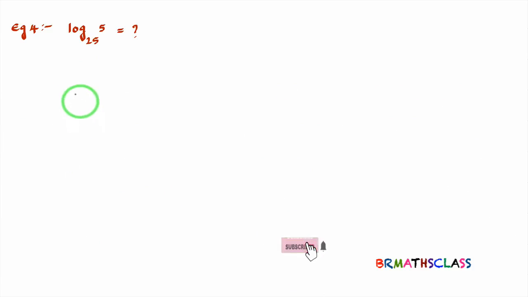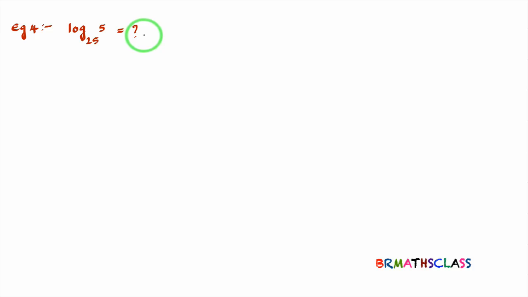Please observe this example. We need to find the value of log 5 base 25. What point I discussed: if you are able to identify 25 power what number will give you 5, that is the answer.